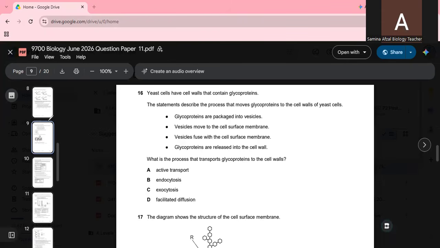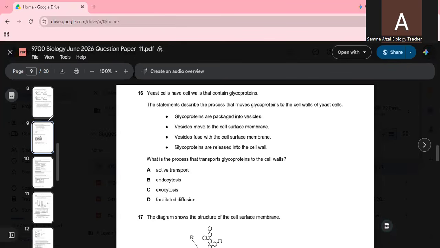Vesicles fuse with the cell surface membrane. Glycoproteins are released into the cell wall. So you can see, they are packed into vesicles and then move to the cell surface membrane and fuse with it, and then are released into the cell wall.